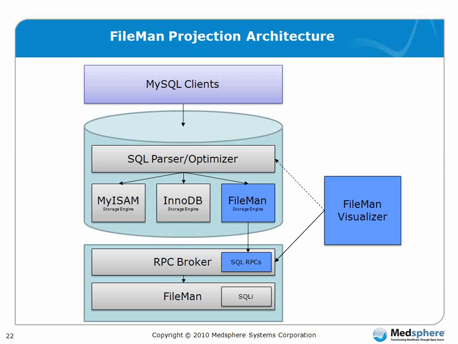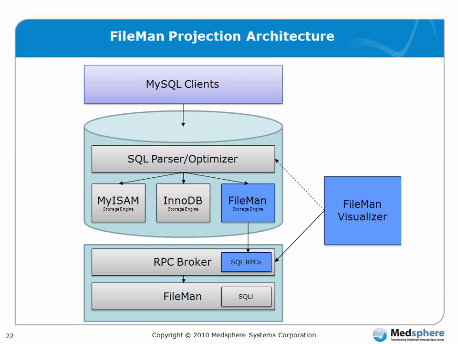So Andy, good segue. I'm on 22, so I'm showing the diagram. The point is, as I mentioned, there are these other MyISAM and InnoDB storage engines. We just implemented a FileMan storage engine, and then built some RPCs on the Vista side that leverage the SQLi package.